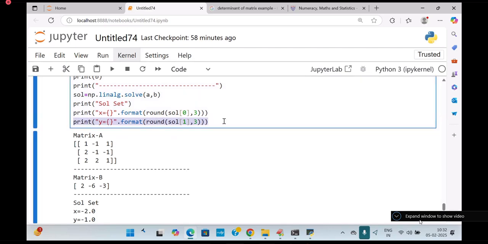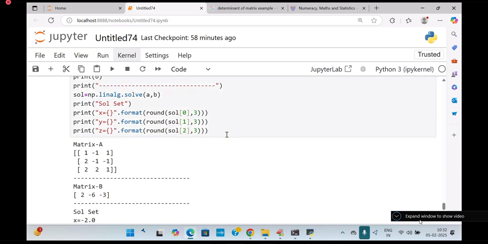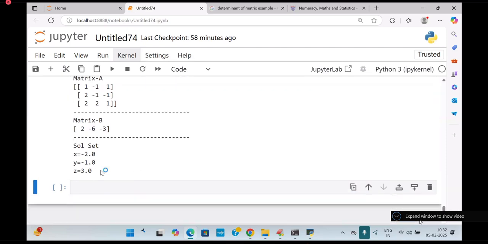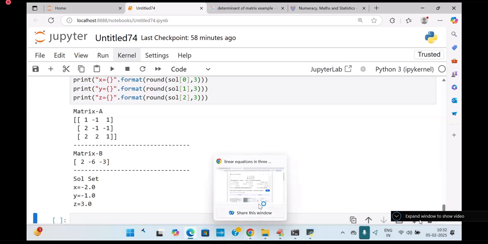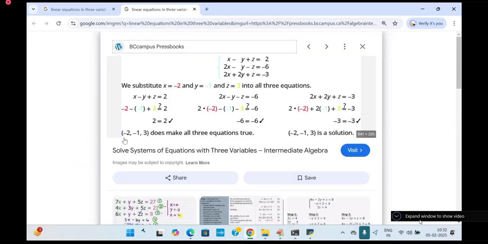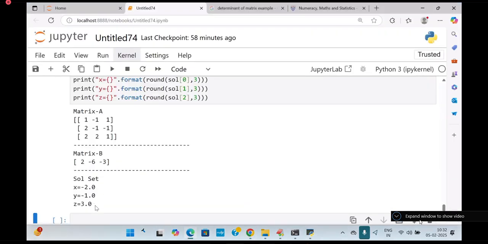So here I am getting x, y and z: minus 2, minus 1, 3. Are you following me? So the same answer is here also. Minus 2, minus 1, 3.